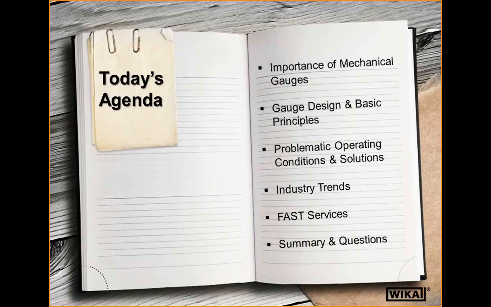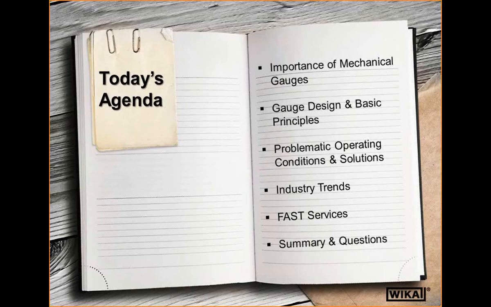For today, I'm going to start out by discussing why mechanical pressure gauges are actually important. A lot of people, in their plants, these gauges have become a part of the white noise that falls into the background, and they really don't give them the attention they deserve. From there, we'll go through basic gauge design principles. I'll discuss the operating conditions that oftentimes will cause troubles, and the solutions that can help address those problematic operating conditions when they're found.